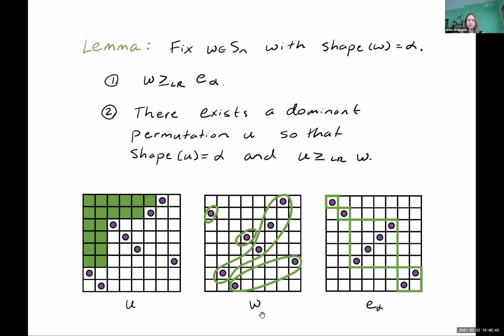So here, W is kind of our running example. Here's its corresponding E alpha. And you could check by doing adjacent row and column swaps that you could get from W up to U. So we have kind of this almost W is sort of sandwiched in this poset, but maybe you have to climb up a bit in one of these left-right chains.